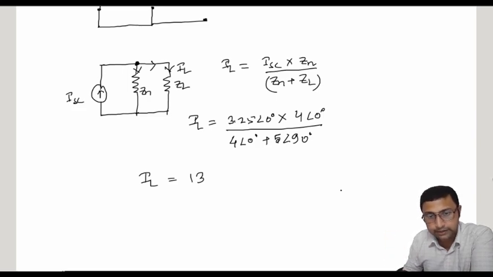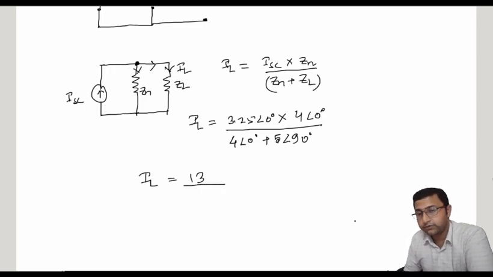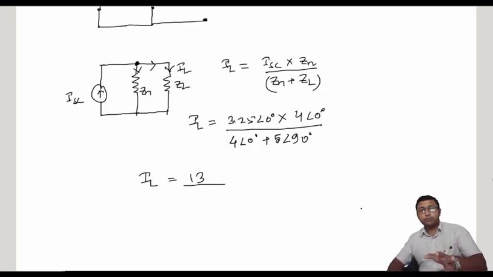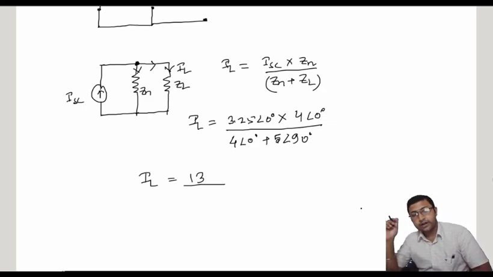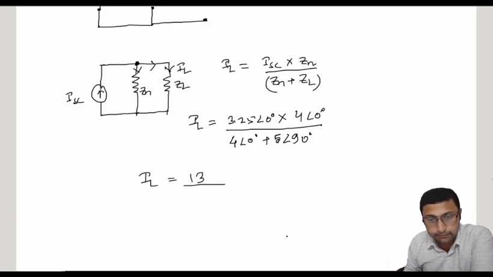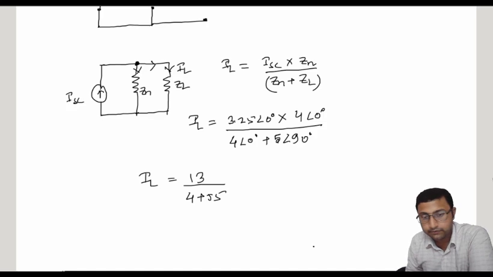That means 0 degree plus 0 degree, so it is irrelevant. Now the denominator part is in polar form, so we cannot add the two polar terms. Again I have to convert it into the Cartesian form. So the Cartesian conversion will be 4 plus J5, nothing else.